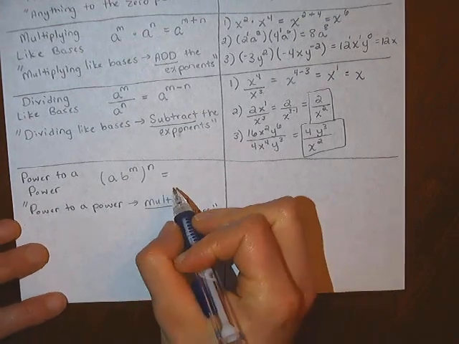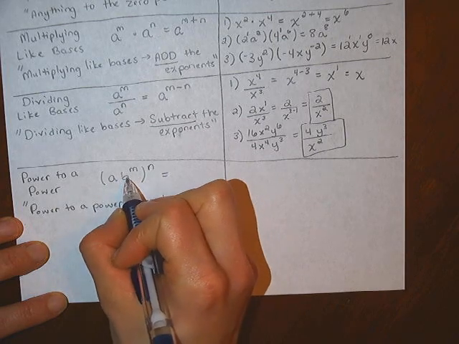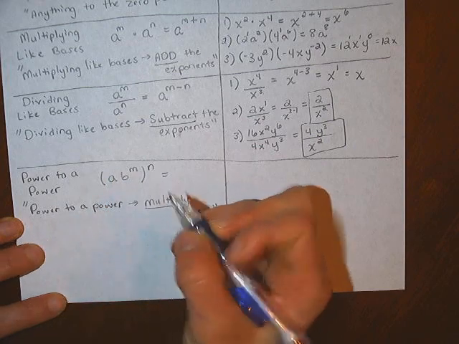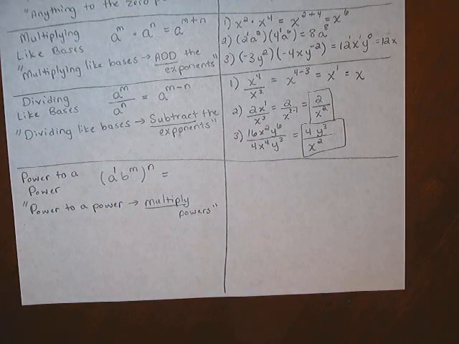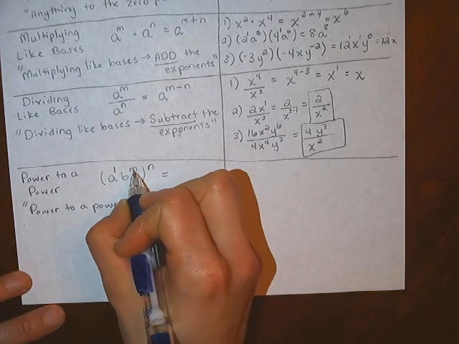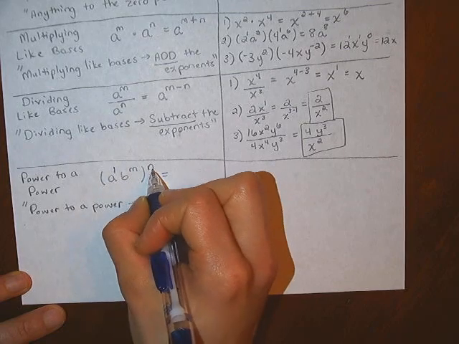Remember, when you have a couple things on the inside, do you see this A does not have an exponent? Remember, we talked about when it doesn't have an exponent, it has a hidden exponent of 1. So this is technically A to the first, B to the m power, and then all of that, because it's in parentheses, would be to the n power.